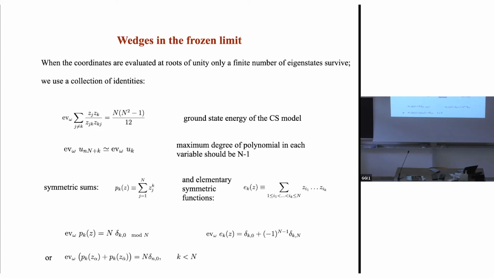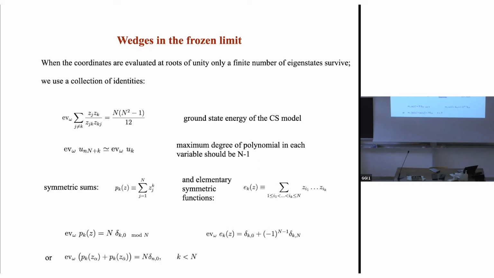And then we see that since the moment we go on a lattice, the momentum has to be periodic. So we shouldn't consider momenta which are too high, higher than capital N. And so the maximum degree of polynomials in each variable should not exceed n-1.